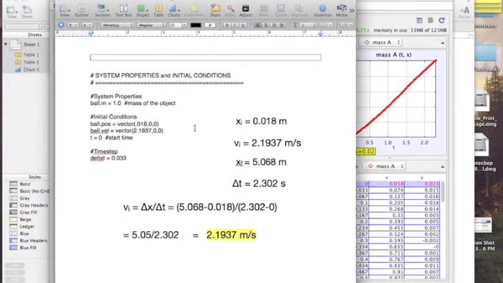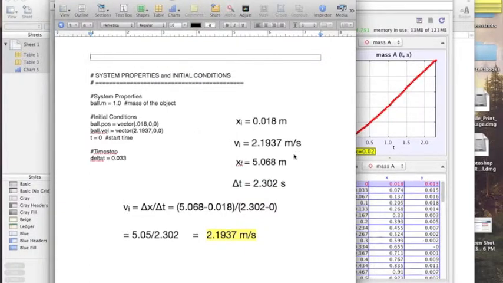We had to calculate the initial velocity, and we did this using the formula delta x over delta t. Our final position was 5.068, initial was 0.018, and delta t was just 2.302 because we started the clip at 0 seconds.